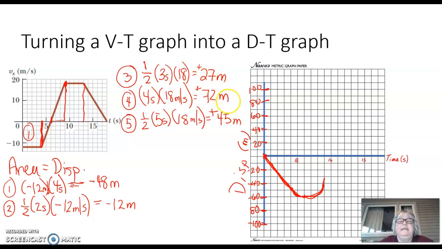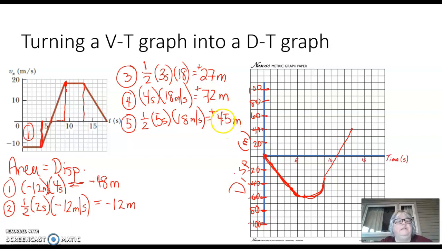My next is a positive 72 meters. That is also at a constant velocity. So that's going to be a straight line. So we're going to go up 70 over 4 seconds. 1, 2, 3, 4. 2, 3, 4, 5, 6, 7. Straight line there. And then I'm also going to increase for my last portion by 45 meters.